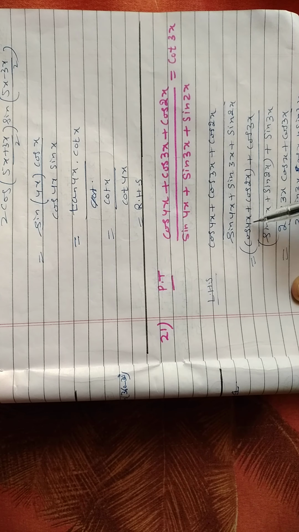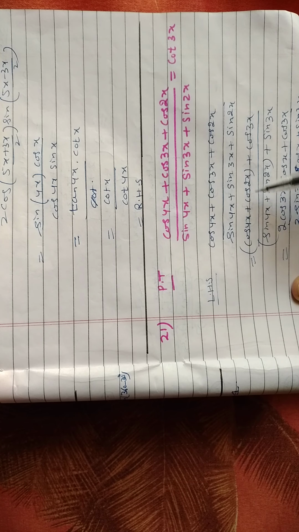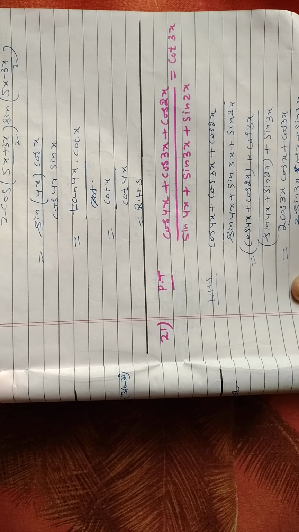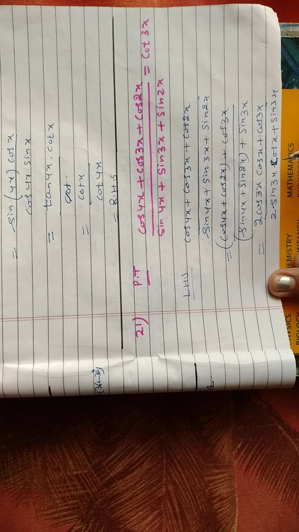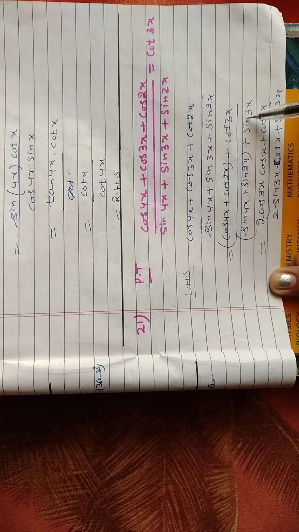So what is this bracket? Cos C plus cos D. You may apply the formula 2 cos (C+D)/2 into cos (C−D)/2, and this cos 3x will remain as it is. Similarly, in the denominator, sin C plus sin D is 2 sin (C+D)/2 into cos (C−D)/2, and plus sin 3x will remain as it is.